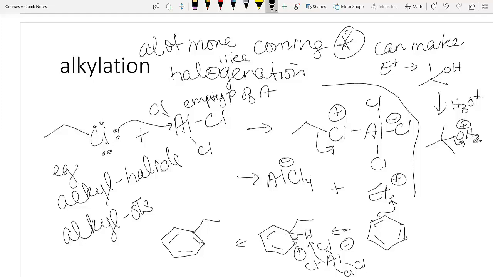It can leave and you get your tert-butyl cation, which is very stable in this process, but is still an electrophile that can be reacted. There are other ways of doing this that you've learned before to make the cation, but with the primary, this is the only way you're going to make the cation. It is not stable, so it will be very reactive.